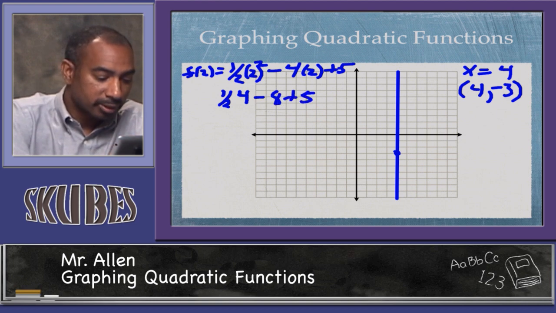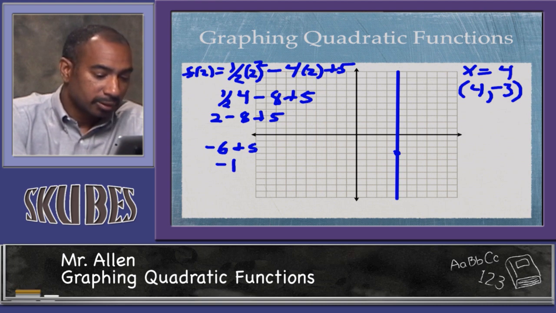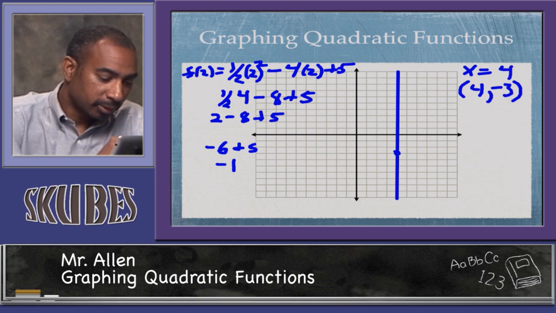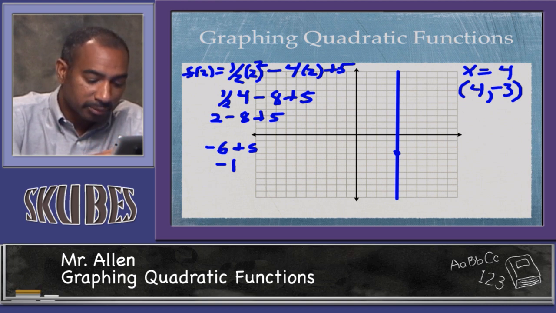And half of 4 is 2. So 2 minus 8 plus 5. That's going to give me negative 6 plus 5, which gives me negative 1. So when x is 2, y has to be negative 1. So I'm going to go over 2, go down 1.